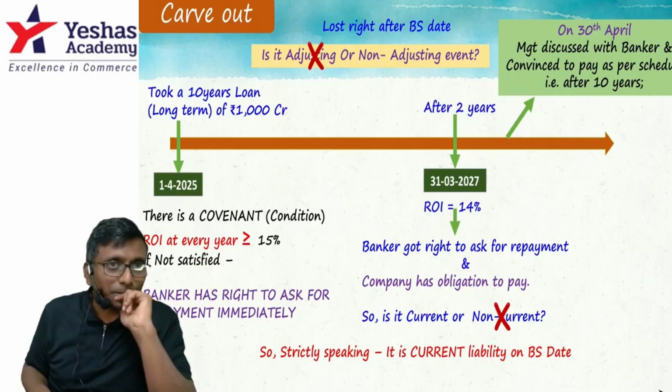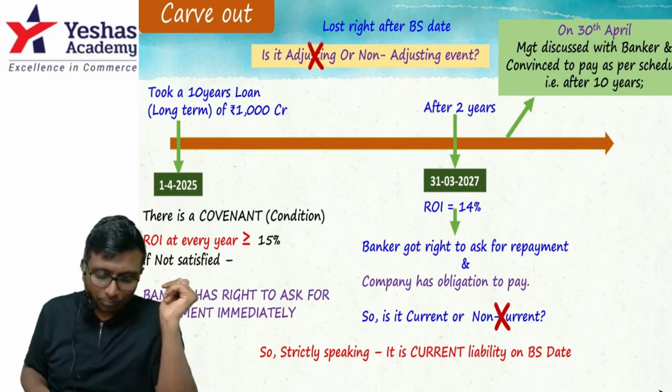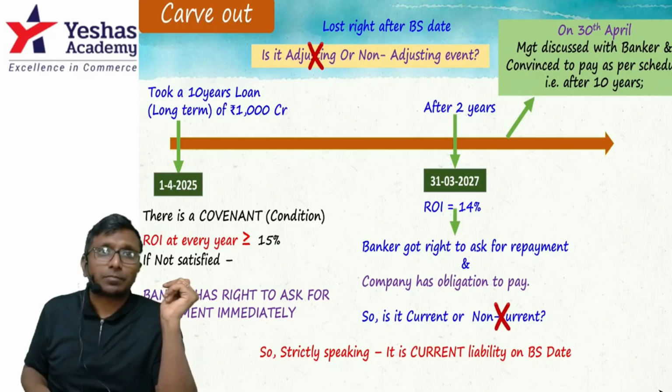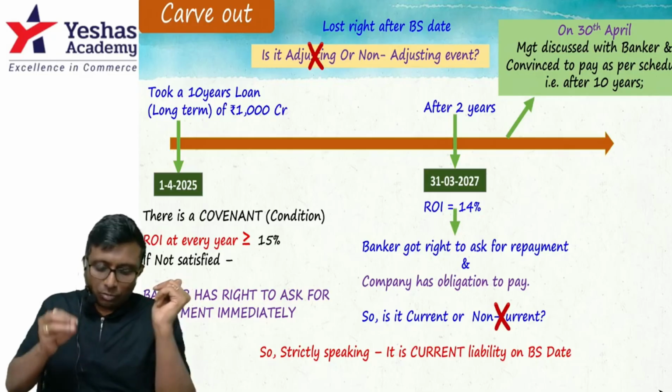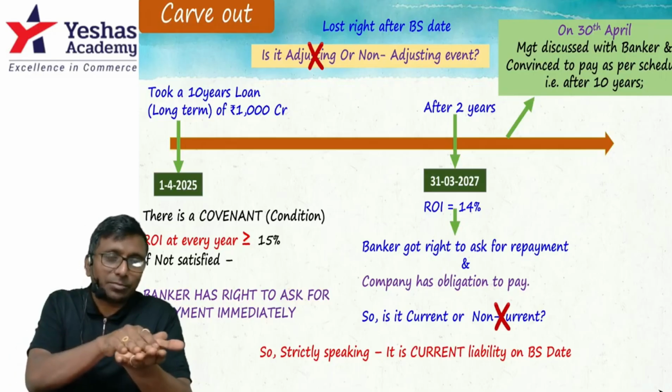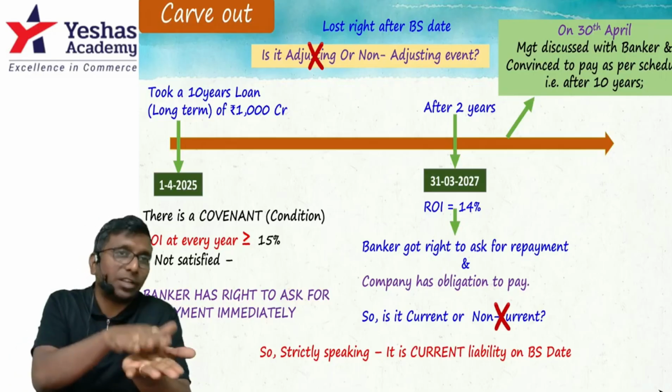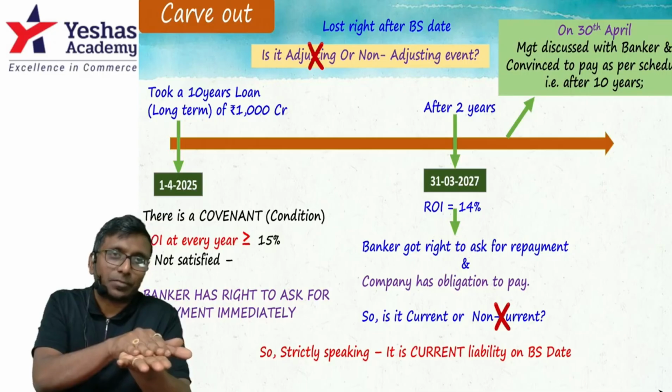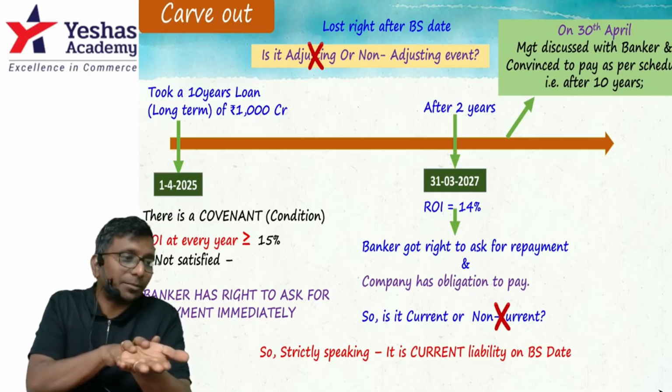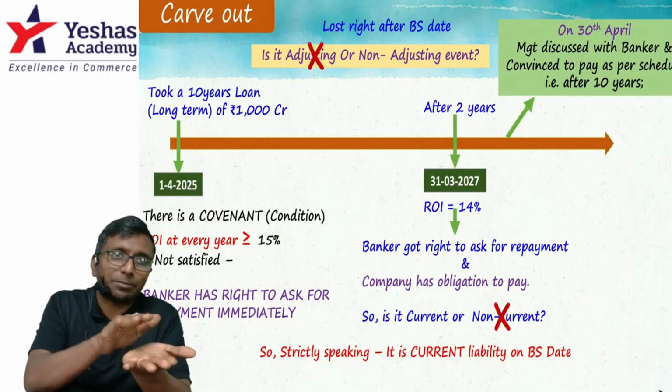Tell me your question. The agreement is 15%, which means you have to earn 15%. If you are earning less than 15%, what does it mean? Some problem with the company's investment.